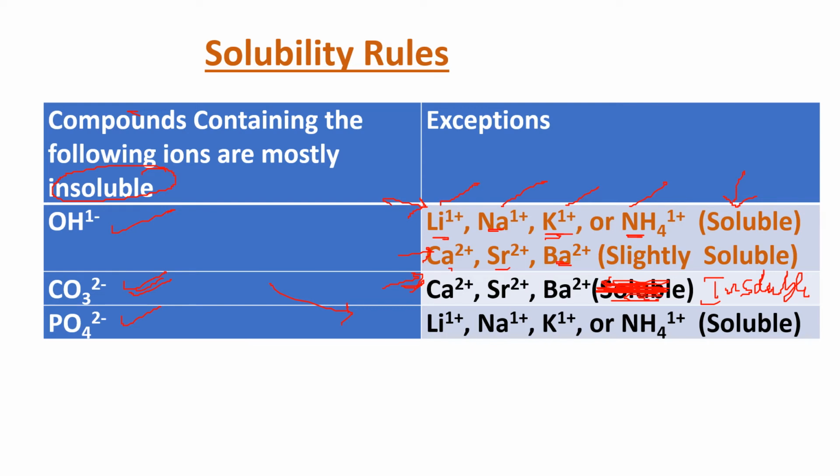Here, carbonates as well as phosphates are generally soluble only if the compounds contain lithium, sodium, potassium and ammonium. So here there is no exception for calcium, strontium and barium.